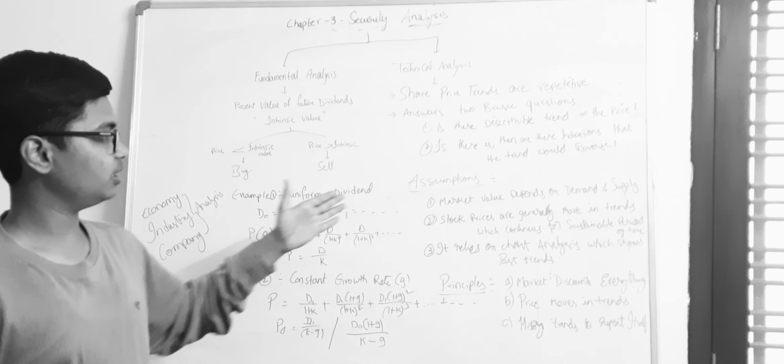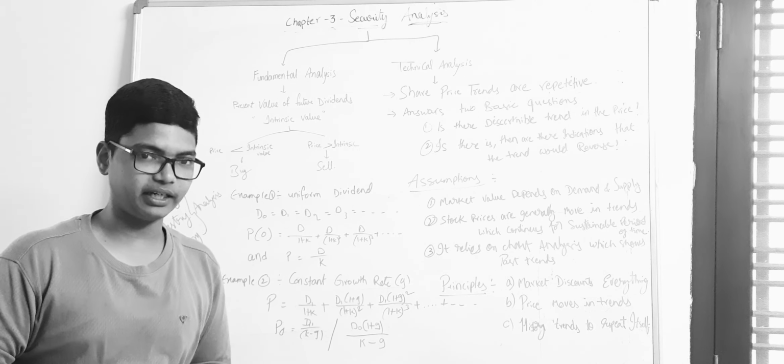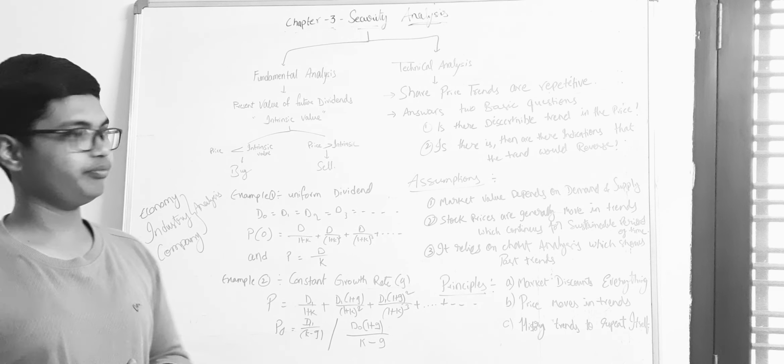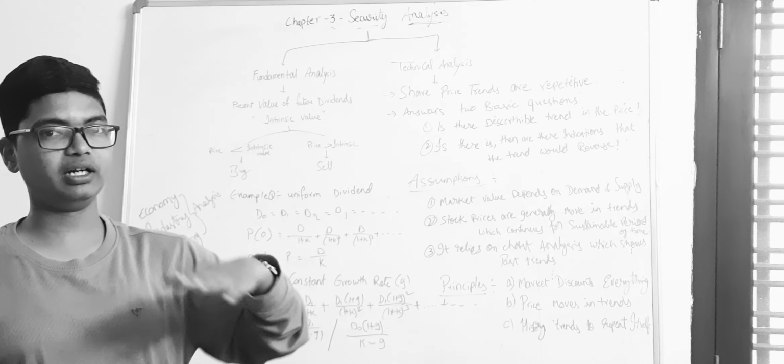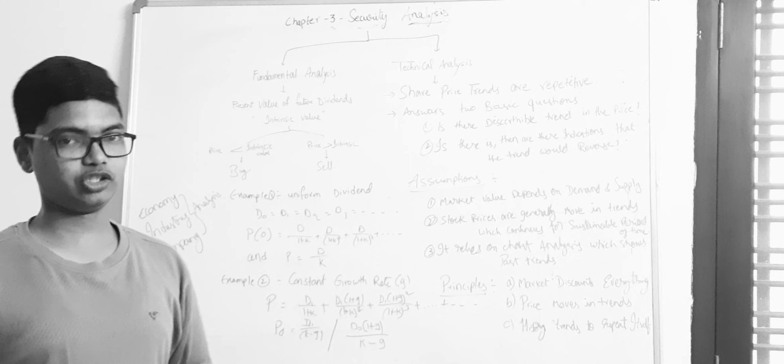So technical analysis deals with these basic questions. Next, assumptions under technical analysis. Market value depends on demand and supply, which means the market price of a stock depends upon the demand and supply of that particular stock.